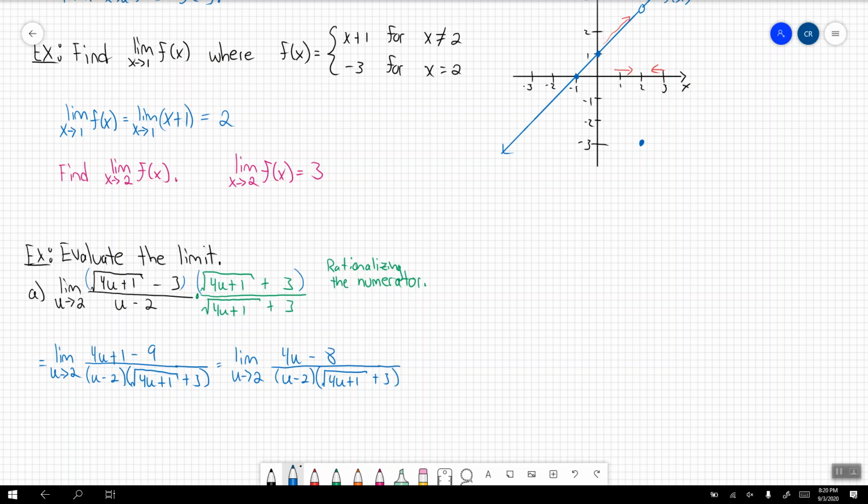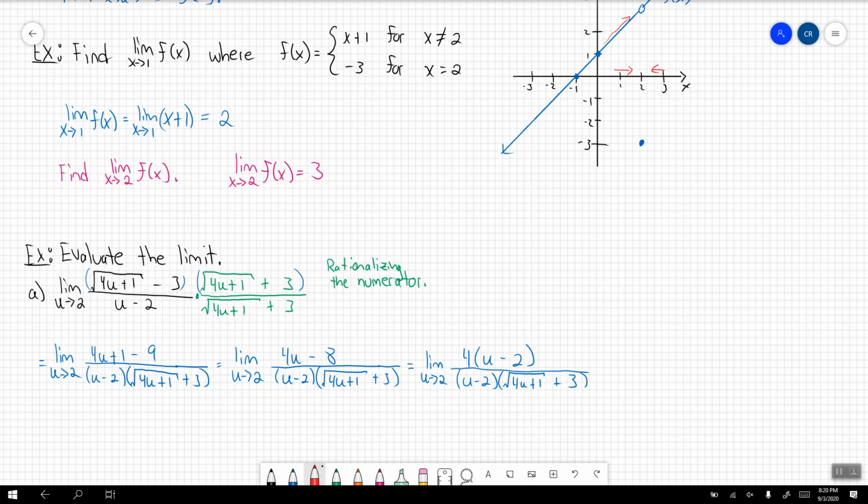So again, looking at that numerator, I can factor it out now. I get the limit as u is approaching 2. The numerator now factors into 4 times u minus 2, all divided by u minus 2, multiplied by the square root of 4u plus 1, and then plus 3.